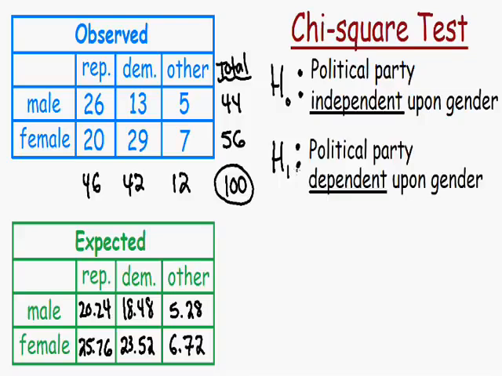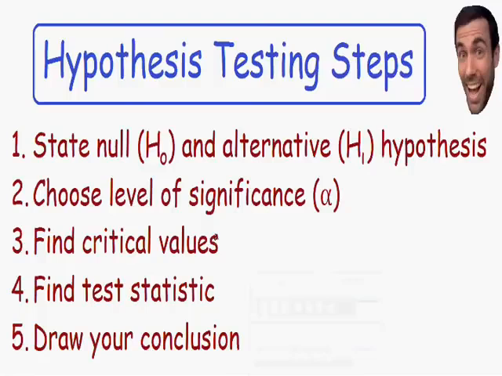So the alternative hypothesis states the political party is dependent upon gender, which means that your gender does influence which political party you support. So now we have stated our null and alternative hypothesis, so we are ready to move on to step number 2.